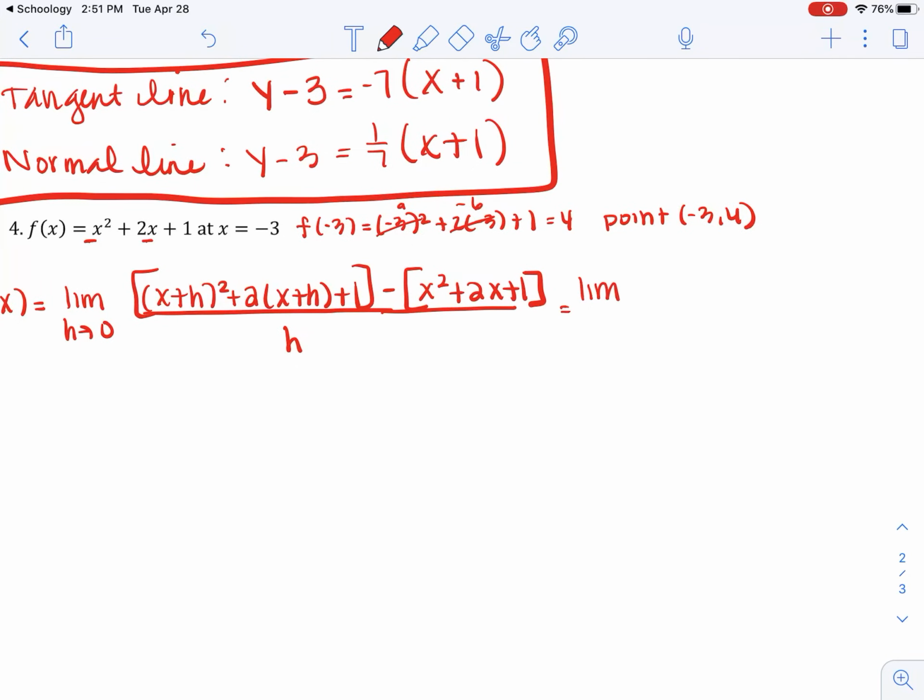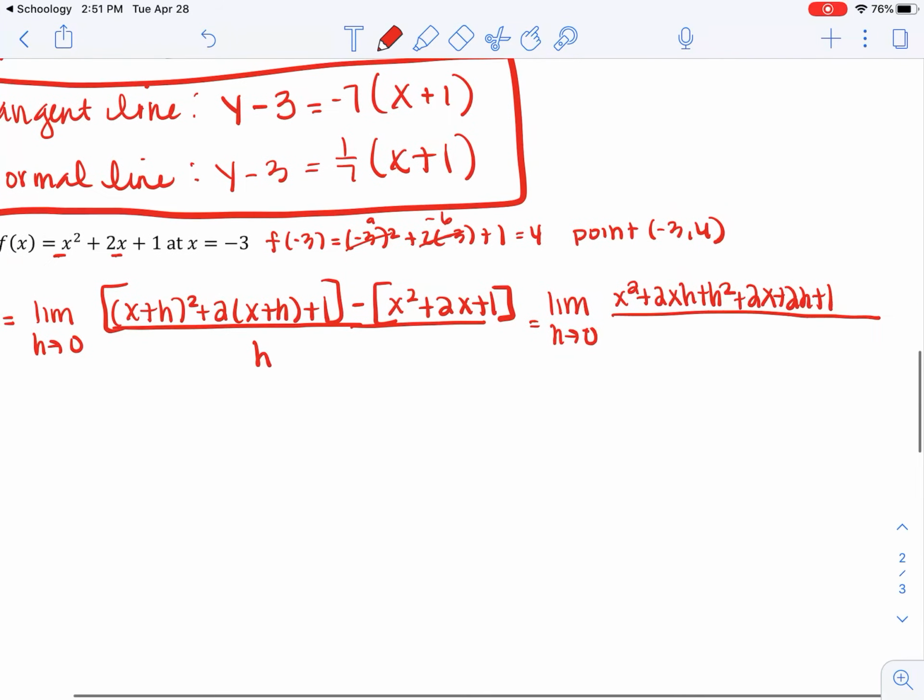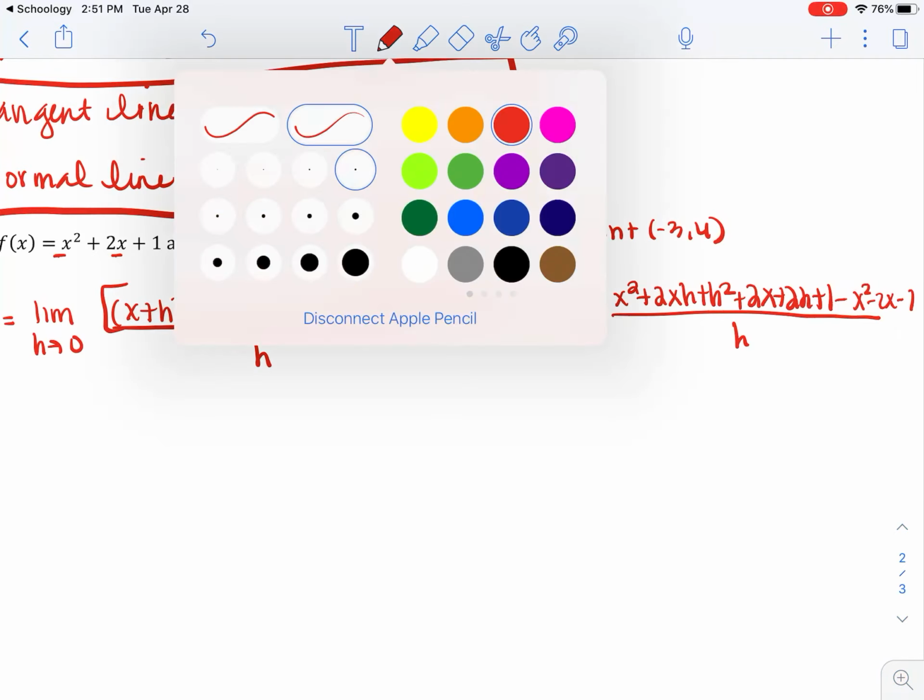All right, let's clean this up. Limit as h approaches 0 of x squared plus 2xh plus h squared plus 2x plus 2h plus 1, and then distribute your negative here, minus x squared minus 2x minus 1 all over h.